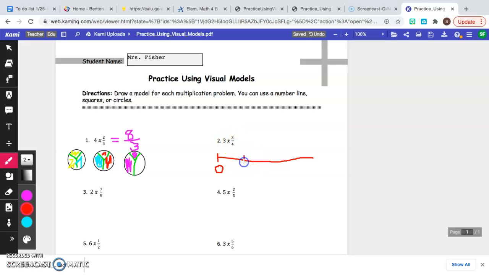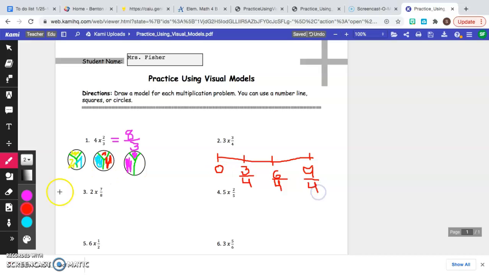So I'm going to do right here, I'm going to do 3 fourths, because I'm counting by 3s on the top. 3 fourths, 6 fourths, and then we do 9 fourths, because I know I had to hop 3 times.